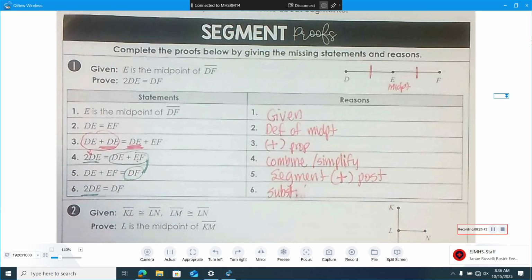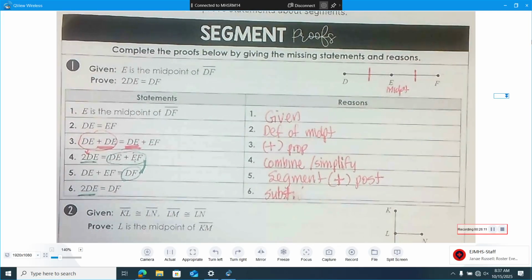Every little thing has to be justified. Segment proofs, I think, are the hardest proofs. We're going to do triangle proofs in the next unit or the unit after, and they're a little more cut and dried. They sort of work out a little easier. But yes, every single step has to have a reason.